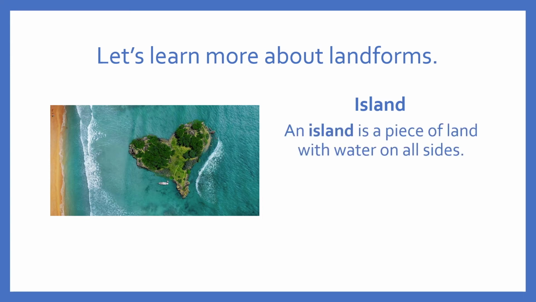Can you read this with me? An island is a piece of land with water on all sides. Great job. Can you see how there is water on every side of this island? I like how this island is in the shape of a heart.